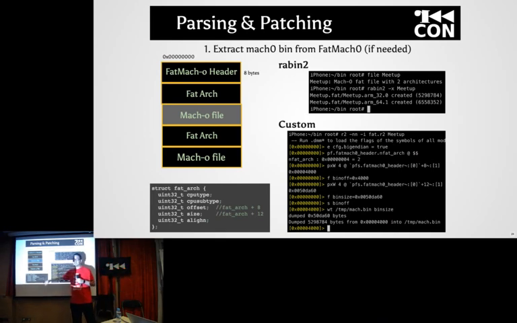So we have to print that section, and if you want to print only the value, you can parse it like that. And we have the bin offset, we have the bin size. So just move the pointer to the beginning of the file and just write to that file with that size. And then you are going to extract that Mach-O to a file in your file system. So that's it.